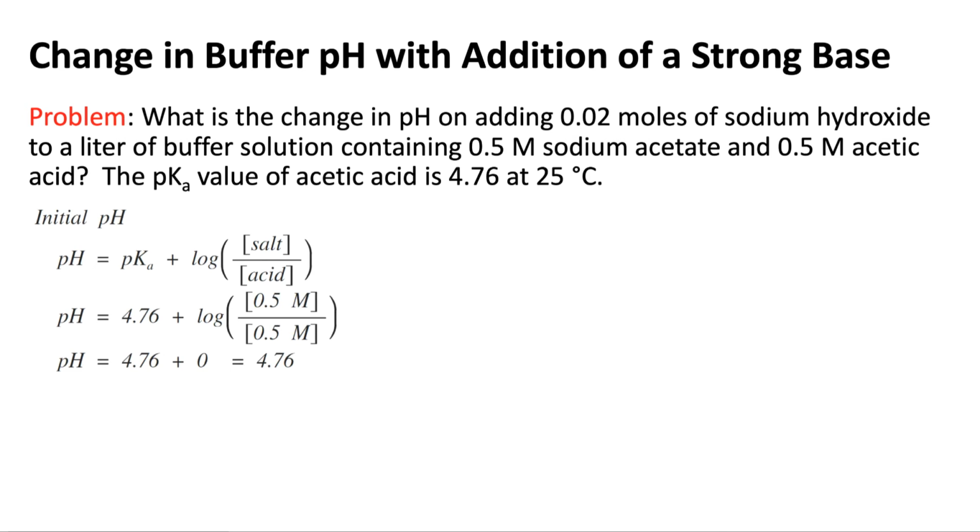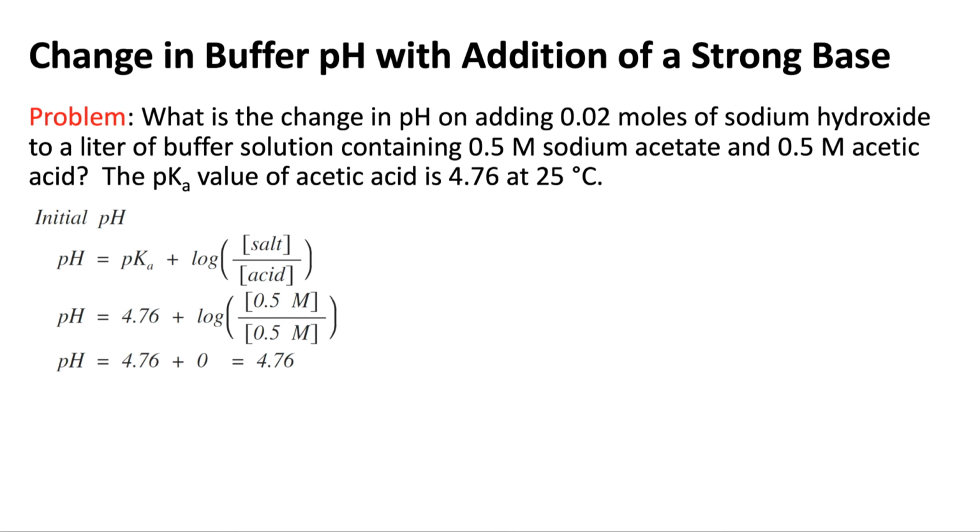We do that using the Henderson-Hasselbalch, saying that the pH is equal to the pKa plus the log of the salt over the acid concentration, again in molar concentration. Good news, we have all that information already. All we have to do is say that pH is equal to 4.76 plus the log base 10 of the 0.5 molar of the salt over the 0.5 molar of the acid.